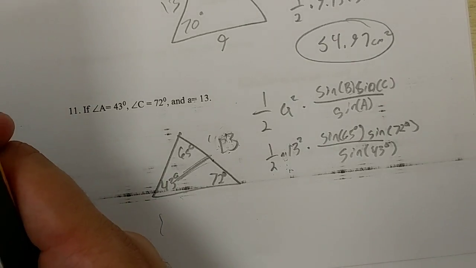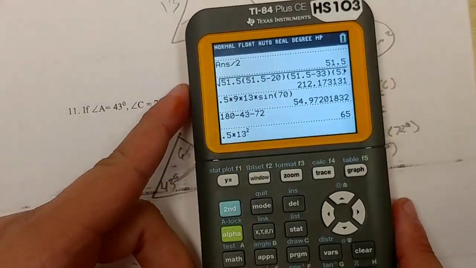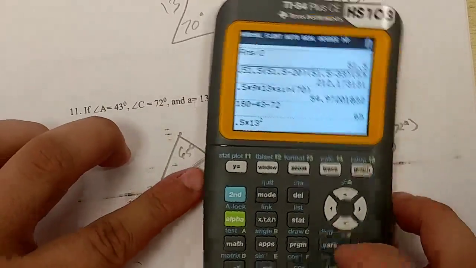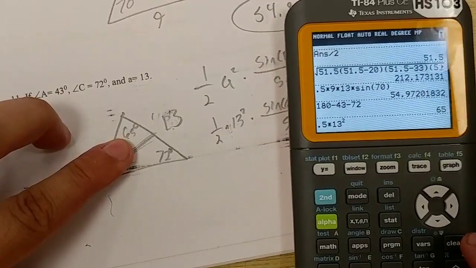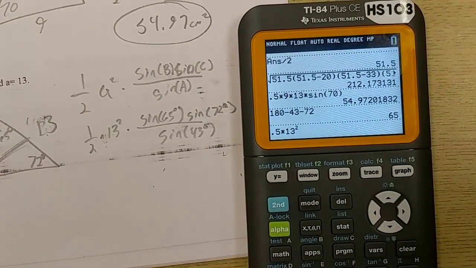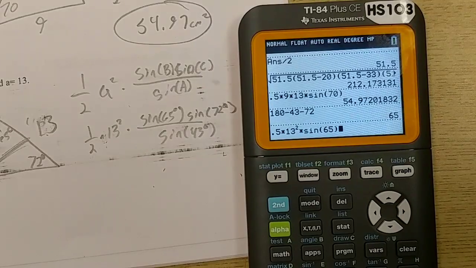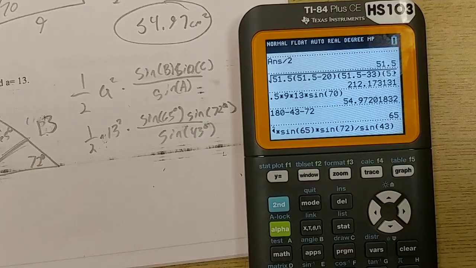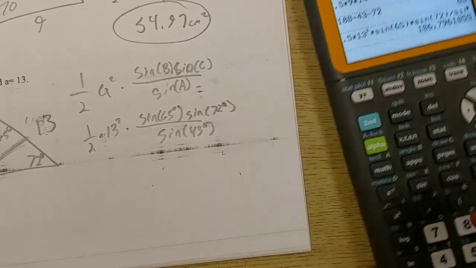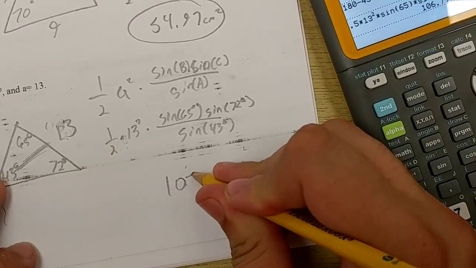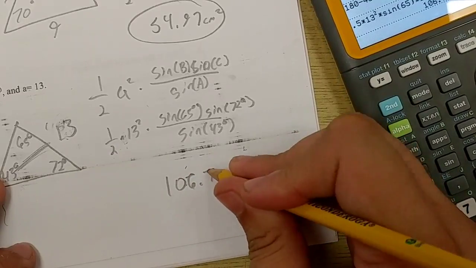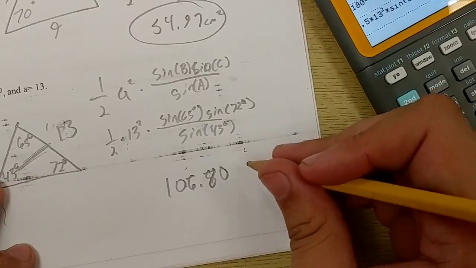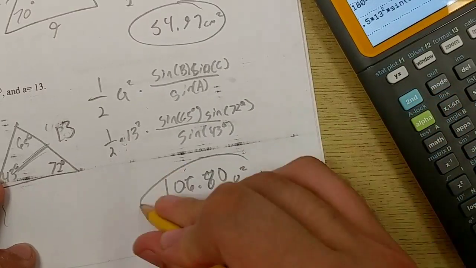So 0.5 times 13 squared, I'll show you how I type it in, times sine 65 times sine 72 divided by sine 43. 106.79, so that's 106.80 if you round it. Did I give units? No, so units squared.